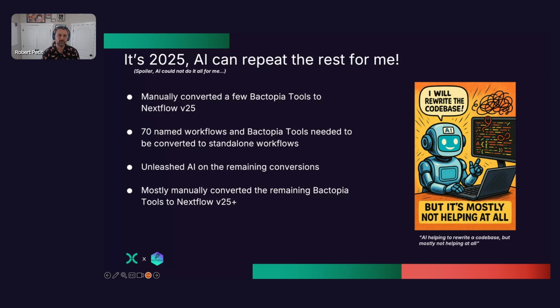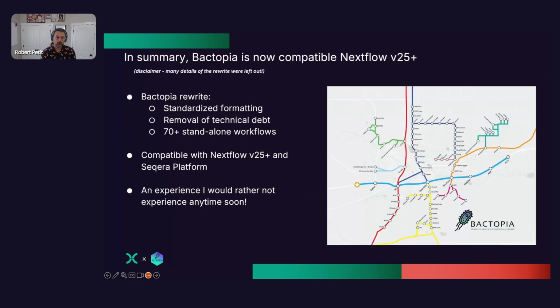So yeah, I'm happy to report Bactopia is now fully compatible with Nextflow version 25, which I'm quite proud of and excited about. Although I'd rather not experience rewriting Bactopia again anytime soon, it did provide the opportunity to make long needed changes. After rewriting, I was able to standardize the code and unload technical debt, which had accumulated over the years.